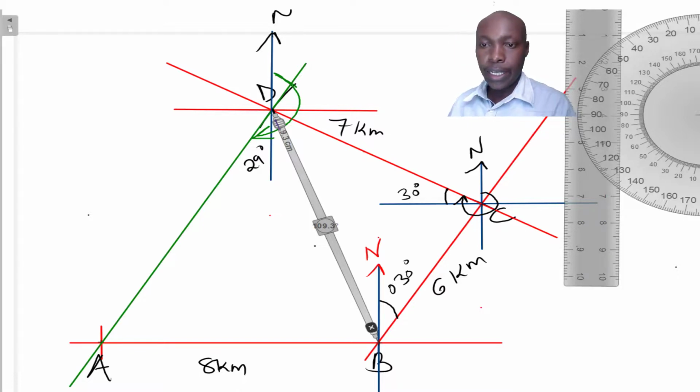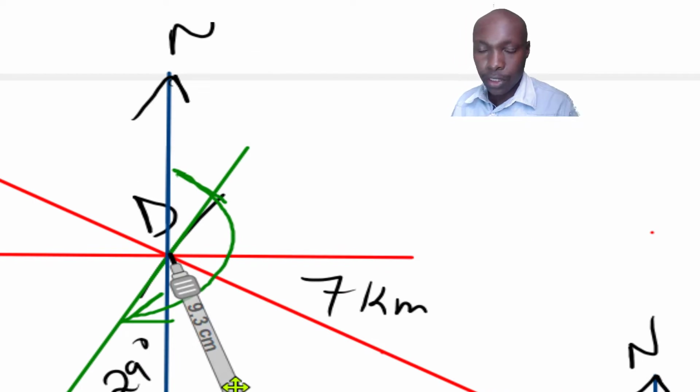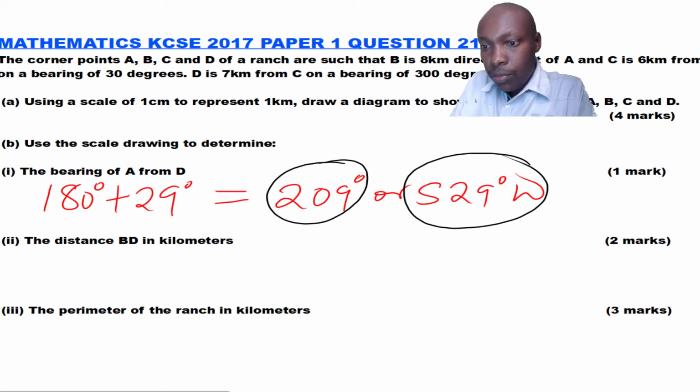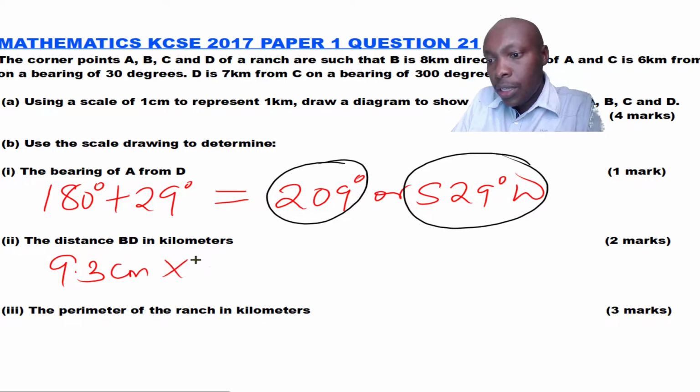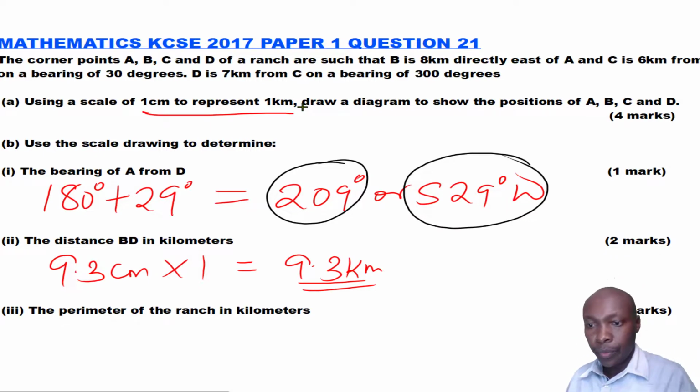So BD is 9.3 centimeters. So when you convert these, it will be 9.3 kilometers, since the scale is 1 centimeter represents 1 kilometer.